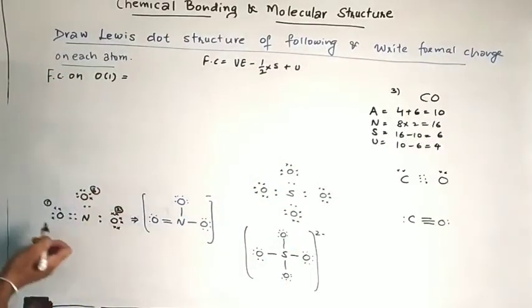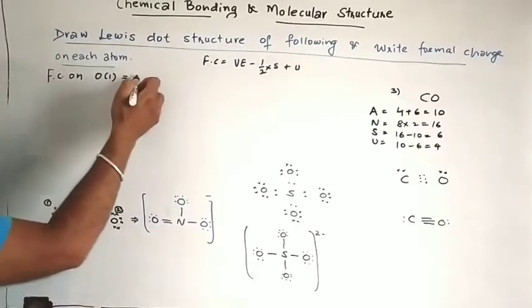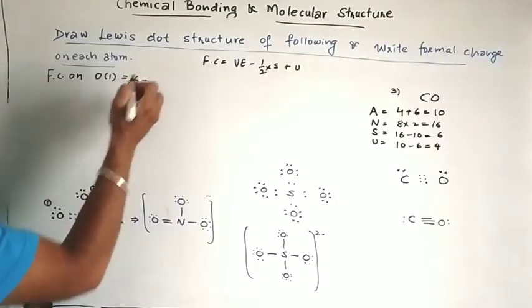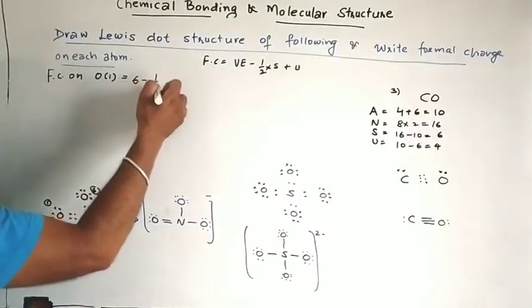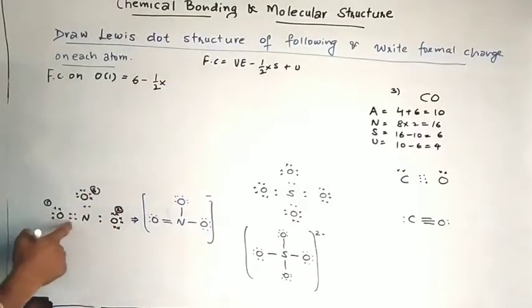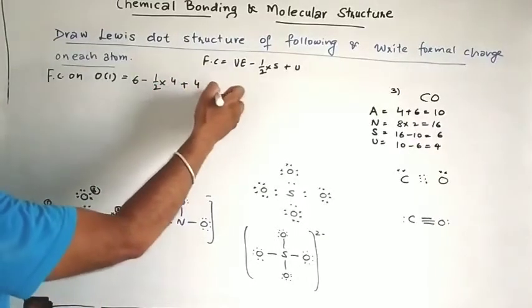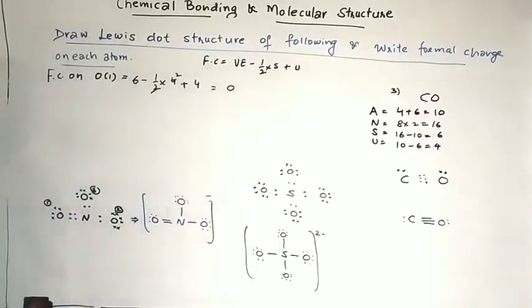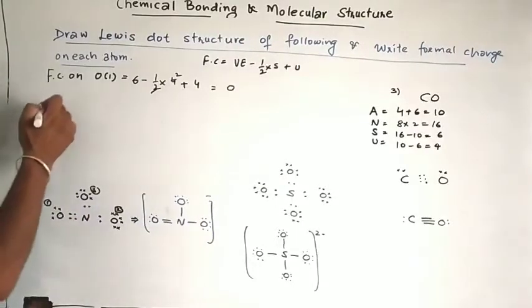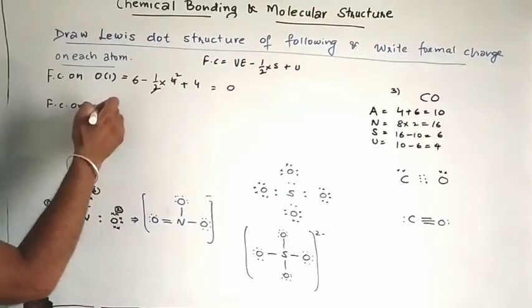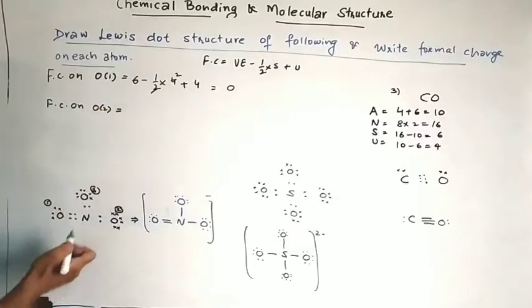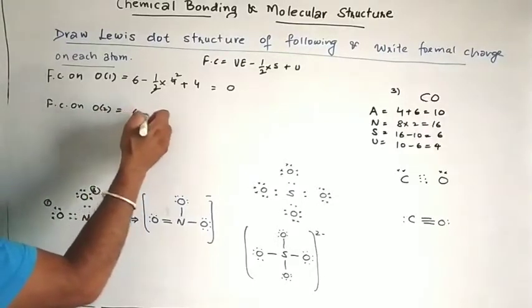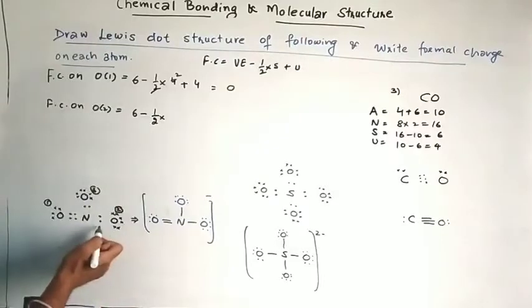For example, oxygen 1. How many valence electrons does oxygen have? 6, minus half of shared. How many did it share? 4, plus unshared, how many does it have? That is also 4. So 6 minus 6, 0. Formal charge on oxygen 1 is 0. Now formal charge on oxygen number 2. Again 6 valence minus half of shared, only 2.